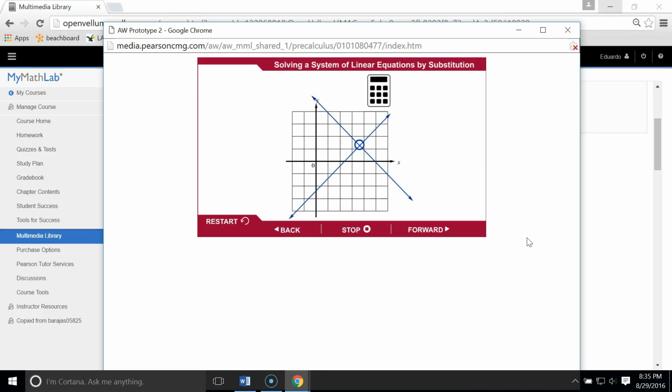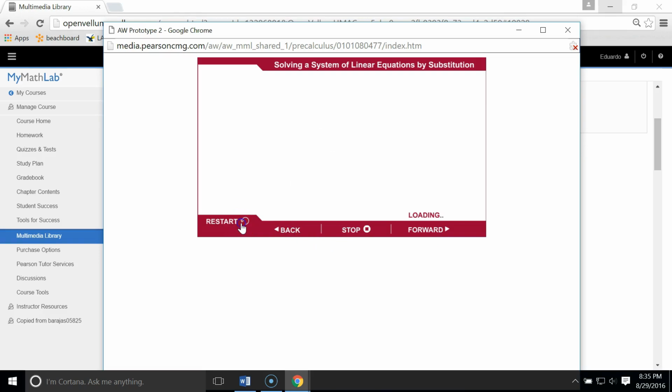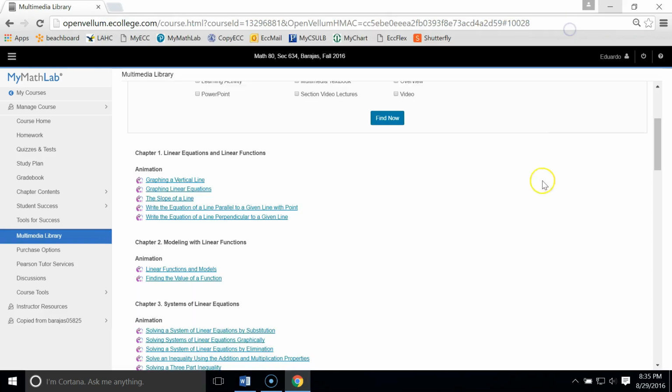Without using a graphing calculator, exactly identifying those non-integer coordinates is almost impossible. So, to solve many systems of linear equations... Okay, so then you get a stop button, you get a forward button, you get a back button, you get a restart button. So that's one of the animation types. Let's see if we can run into a different one.